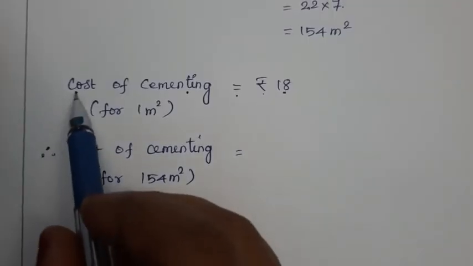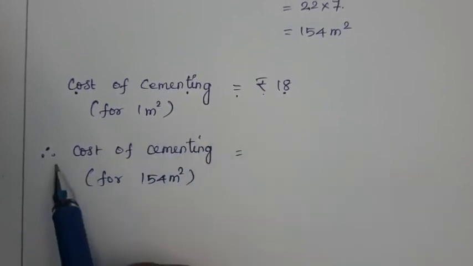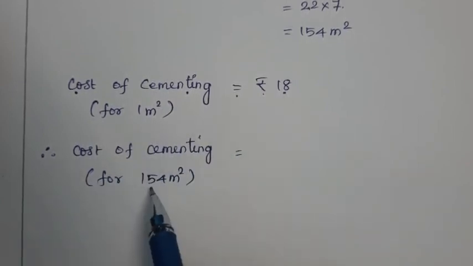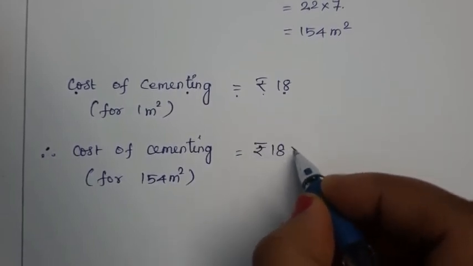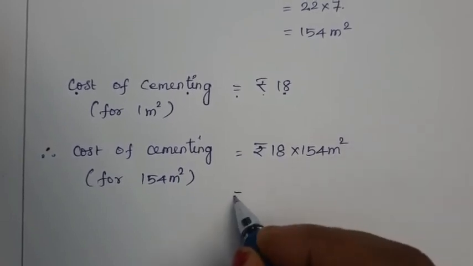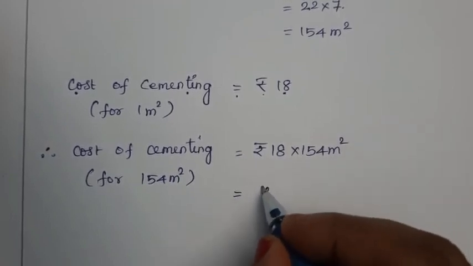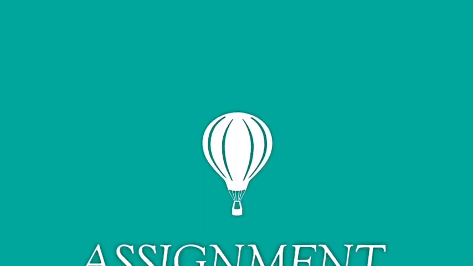Here it is given that the cost of cementing for 1 meter squared is equal to rupees 18. Therefore, the cost of cementing for 154 meters squared is equal to rupees 18 into 154 meters squared, which is equal to rupees 2772.